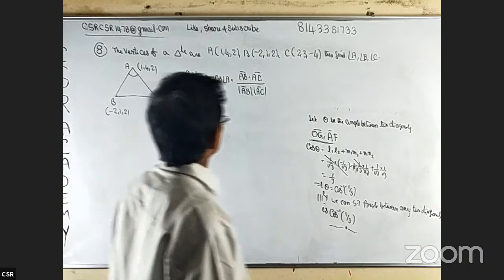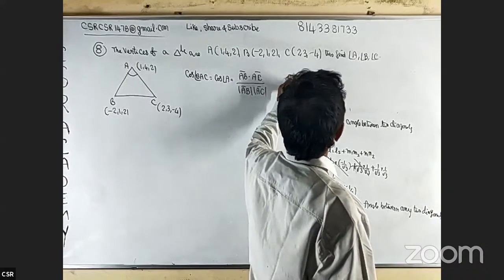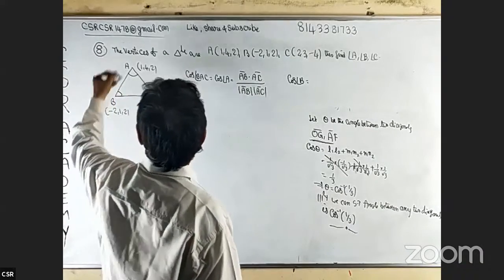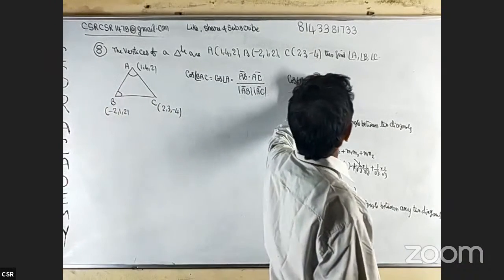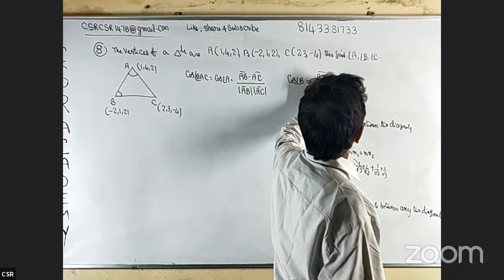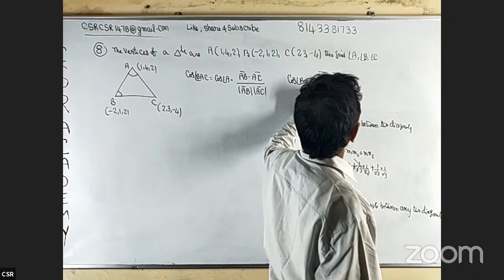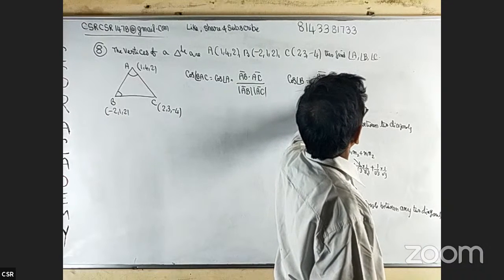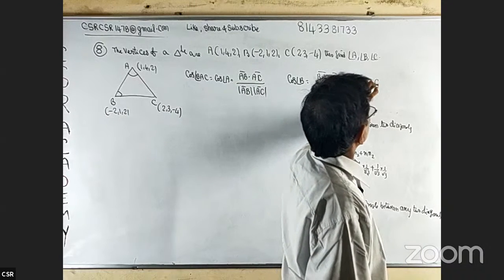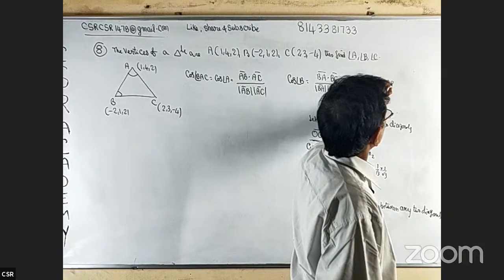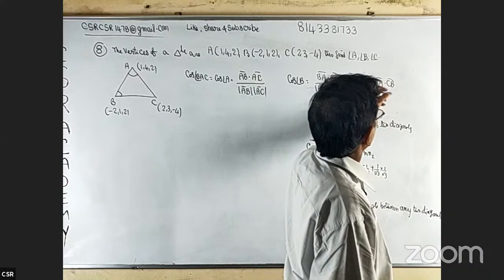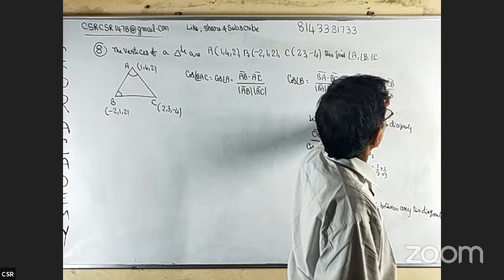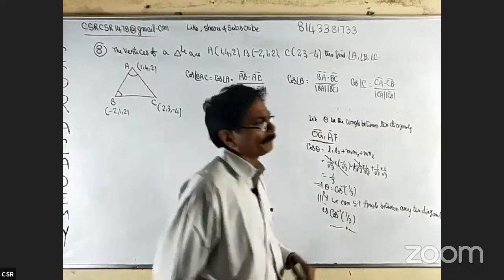If we want cos B, it is BA bar dot BC bar by mod BA bar mod BC bar. Now cos of the angle C, starting with C, is CA bar dot CB bar by mod CA bar mod CB bar.